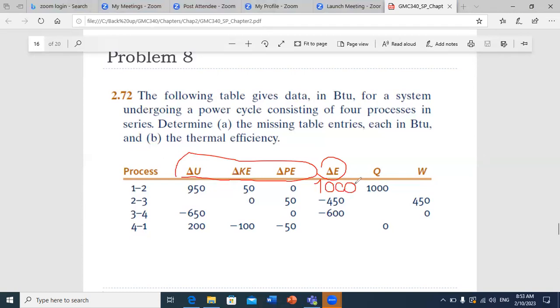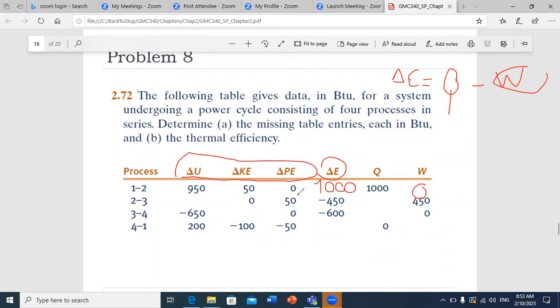So this is delta U, and then delta E. And then we can say that delta E is equal to Q minus W. So for example, if we apply it for the first process 1 to 2, since delta E is equal to Q, this means that W is equal to 0.